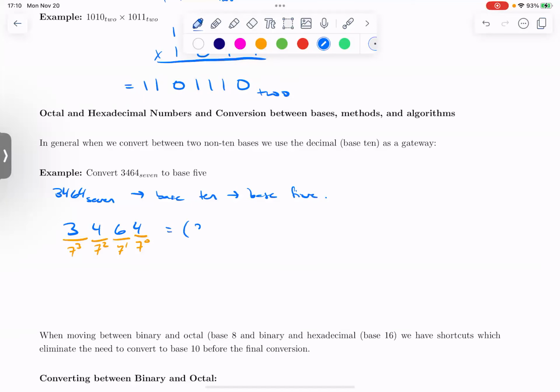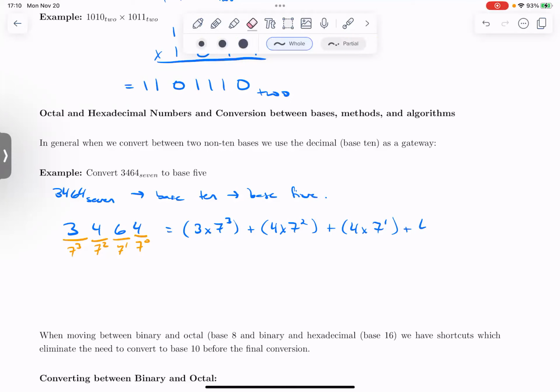Which means I have 3 times 7 to the 3 plus 4 times 7 to the 2 plus 6 times 7 to the 1 plus 4 times 7 to the 0. I got hung up on 4s, sorry. Well, there were a lot of 4s.